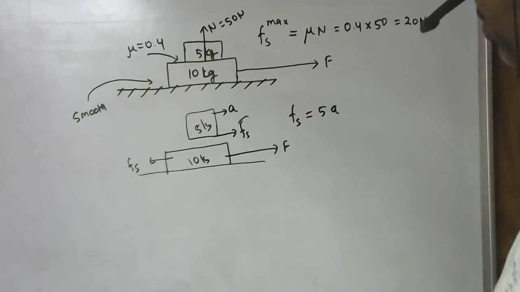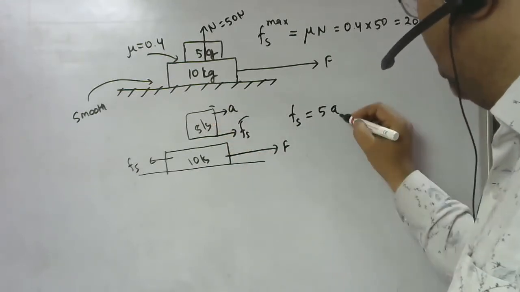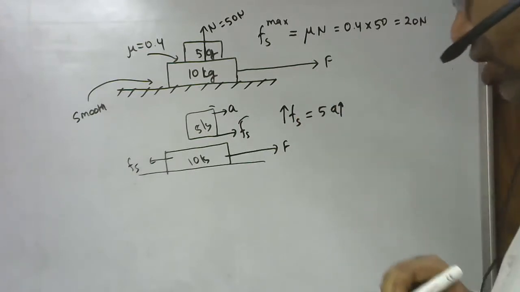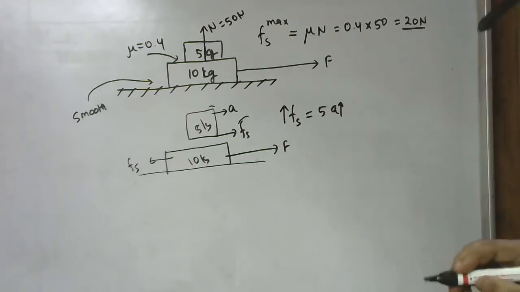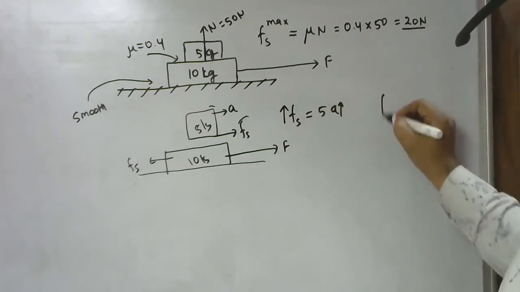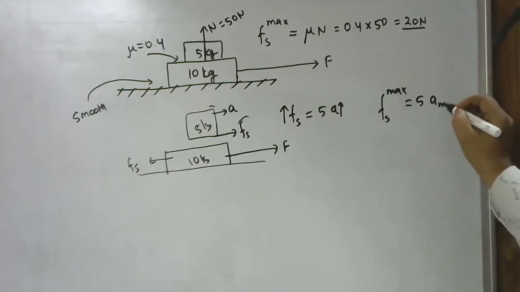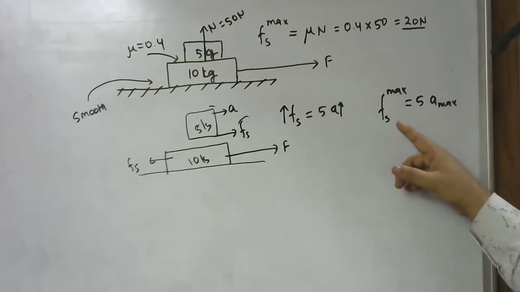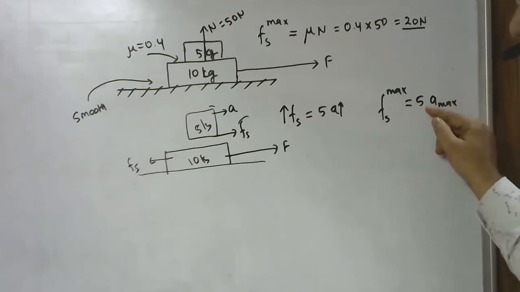I mean if the acceleration of the 5 kg block increases, the needed static friction also increases up to 20 Newton. So this equation can be written as Fs max equal to 5 A max. I mean the limiting friction is the maximum static friction which can accelerate the 5 kg block to its maximum value.